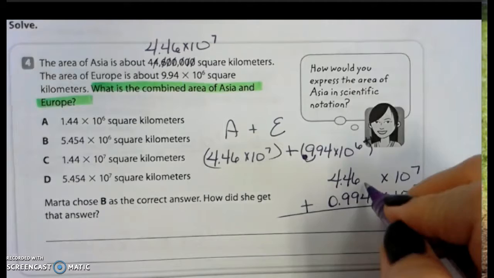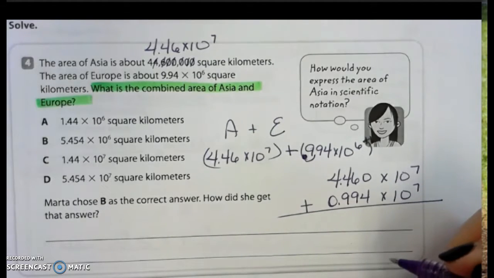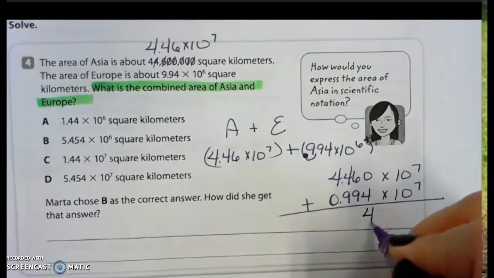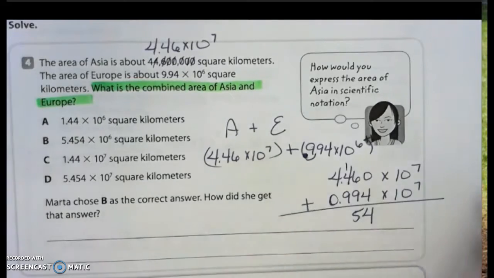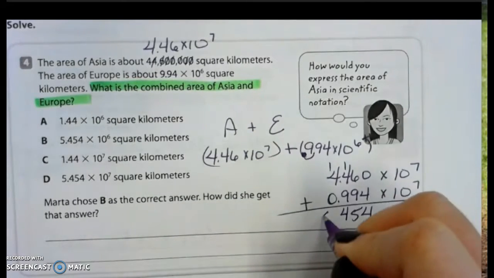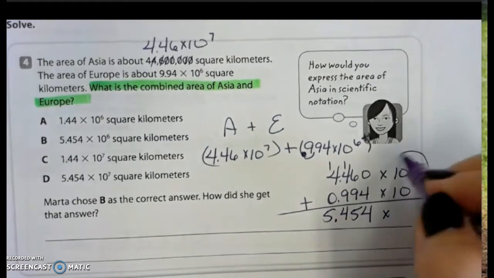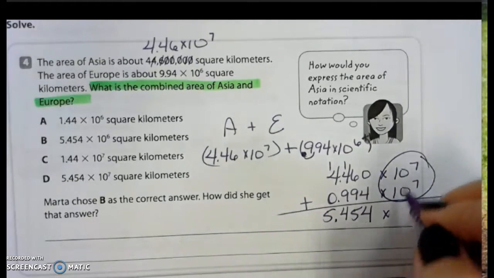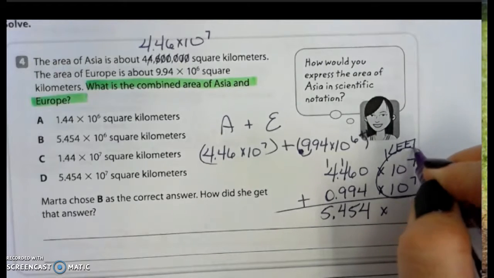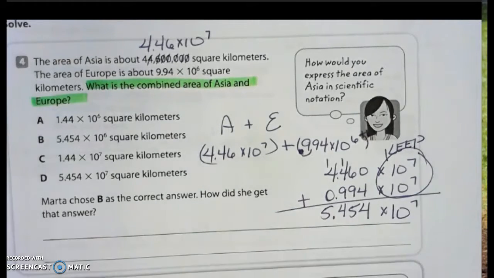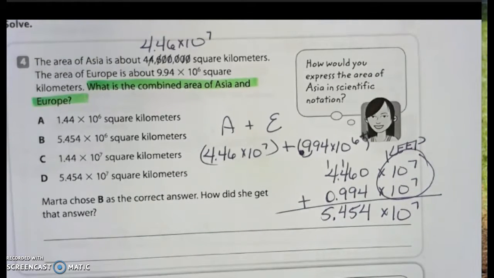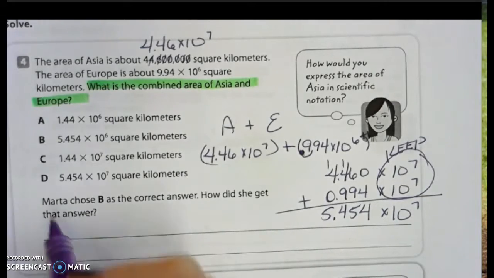Now I can add, notice how I stacked all of my place values up nice and neat. 4, 15, and 14, giving me 5.454. Now on addition, you don't combine the base 10s, you keep the base 10. So it's going to stay as 10 to the 7th. So the correct answer here would be D.